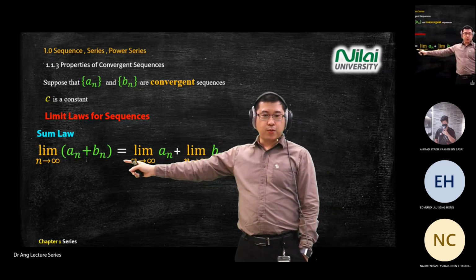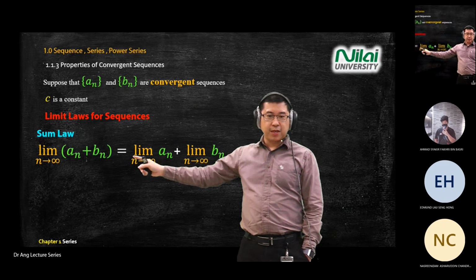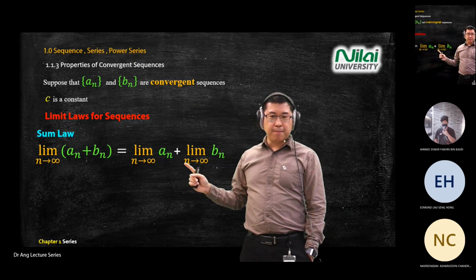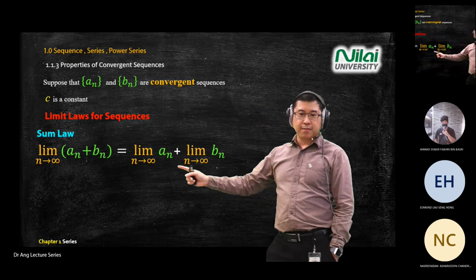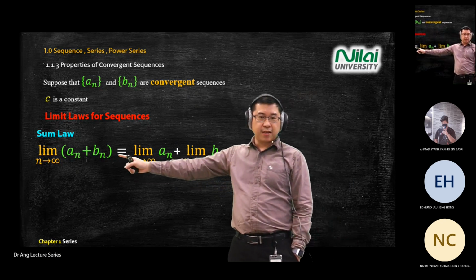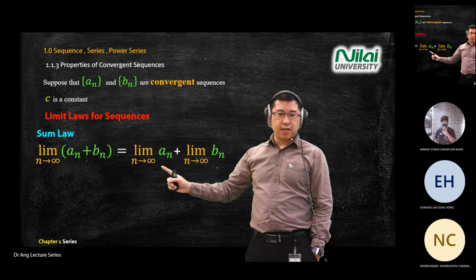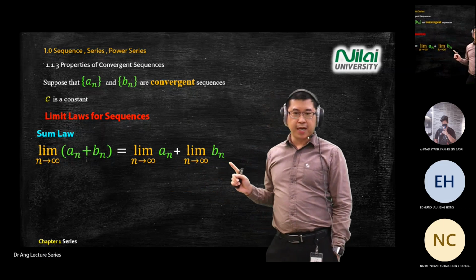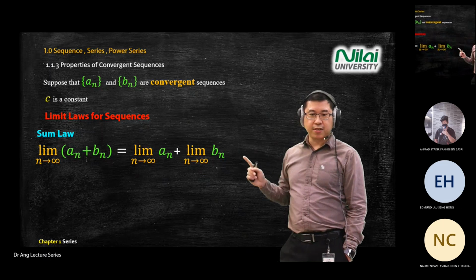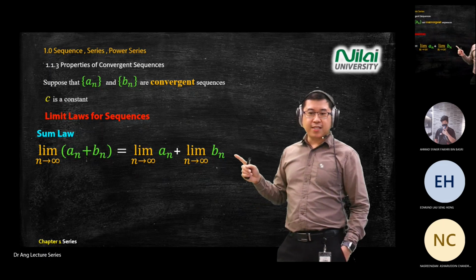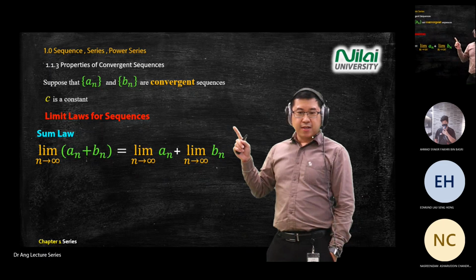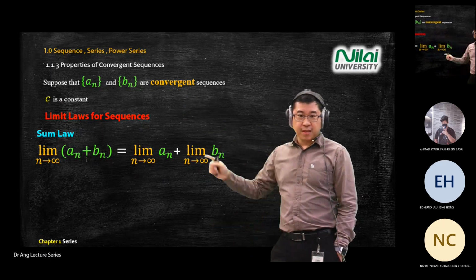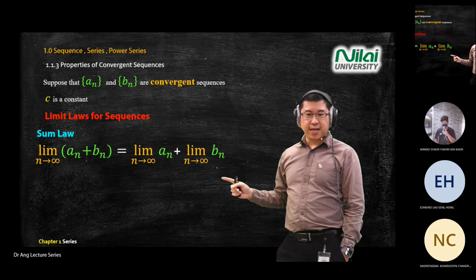If you want to add these two together, you can write the limit of a_n plus b_n, which breaks into the limit as n goes to infinity of a_n plus the limit as n goes to infinity of b_n. This is basically the addition concept. The only thing you need to remember is that the two sequences must be convergent, then you can use this law.